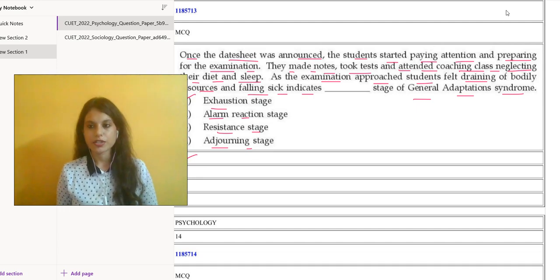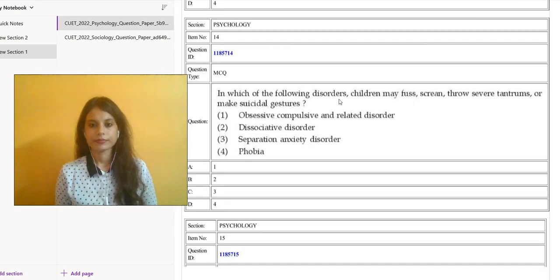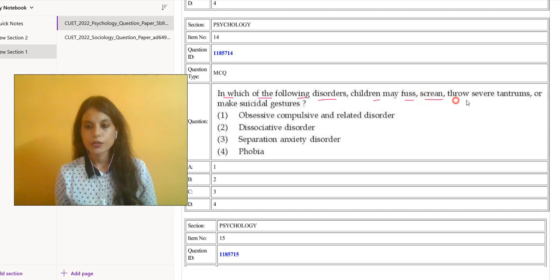Moving over to the next question. In which of the following disorders children may fuss, scream, throw severe tantrums, or make suicidal gestures? The options include obsessive compulsive and related disorder, dissociative disorder, separation anxiety disorder, and phobia.